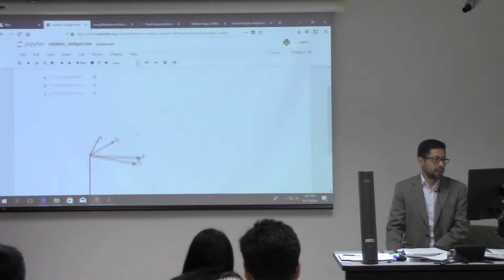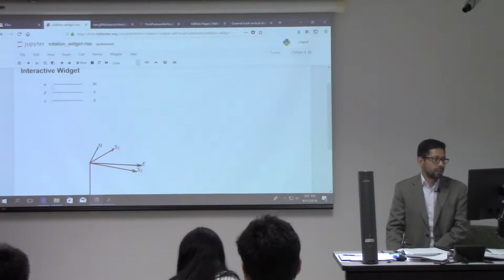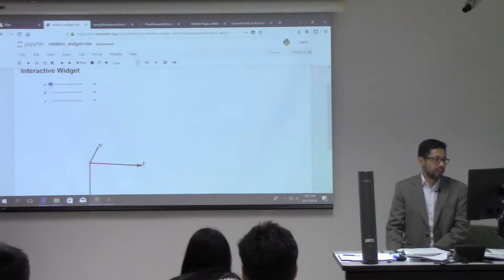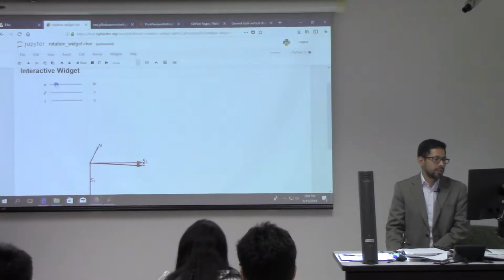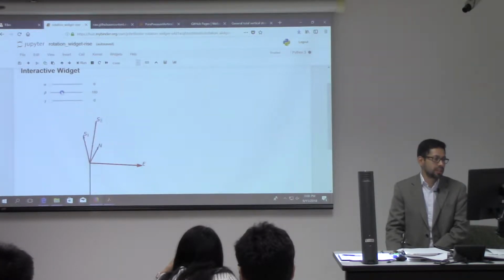This is the animation, okay? So for example, this is alpha, the direction from maximum principal stress to the north. Beta is the vertical angle from the north to the direction of maximum principal stress.